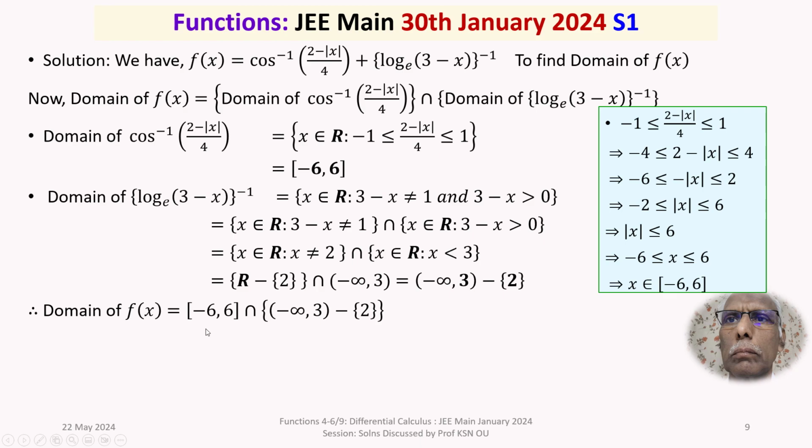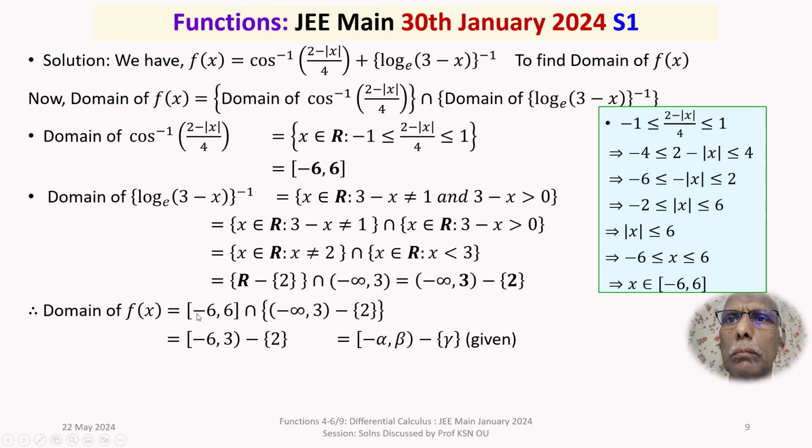Right. Take the intersection. Minus 6 to 6 intersection with minus infinity to 3. What is common? Minus 6 to 3. Minus 6 is included, 3 is not included, because of the intersection of this with this.